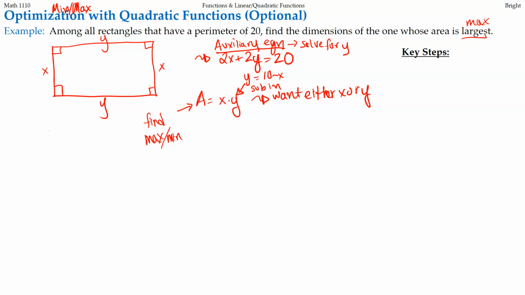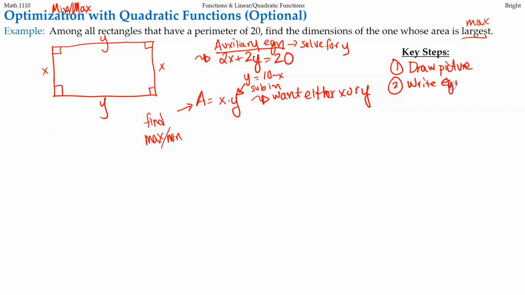Let's pause here for a moment and see what we've done. First, I draw a picture. Second, write equations.